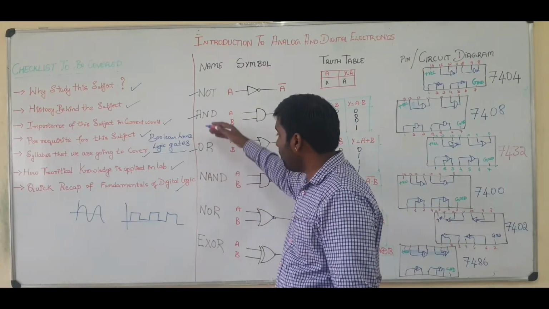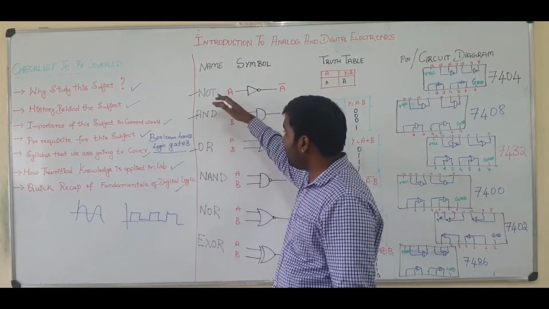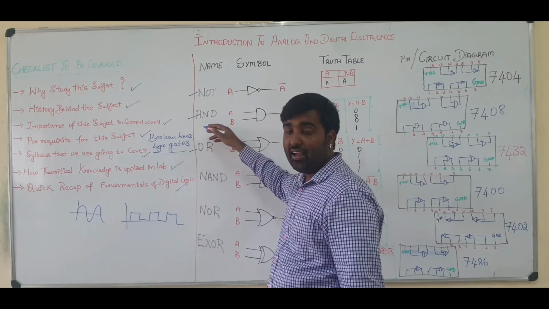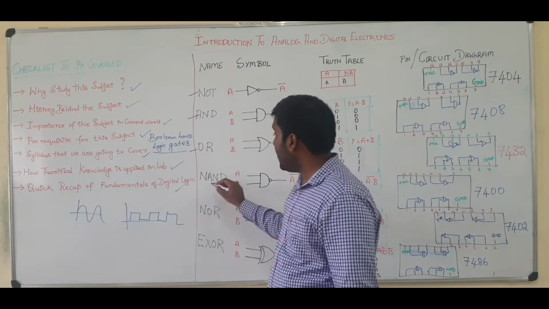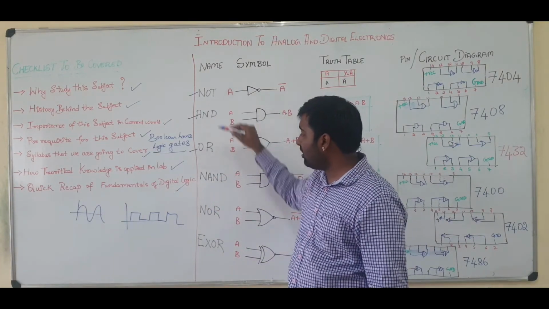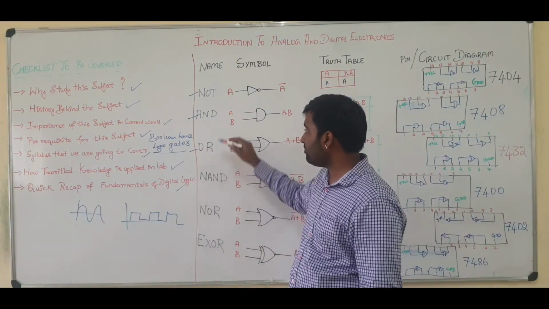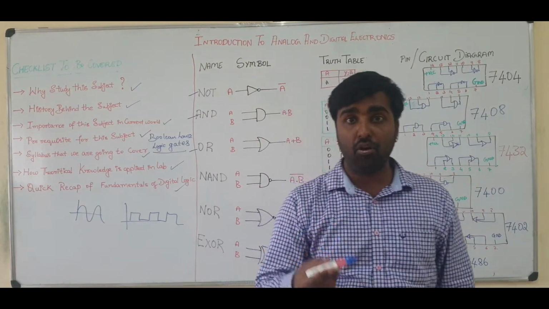If you are combining basic gates, then it formulates your derived gate. For example, we have NAND, which is a possible combination of AND and NOT. We have NOR, which is a possible combination of OR and NOT. Likewise, we'll be studying n number of gates.